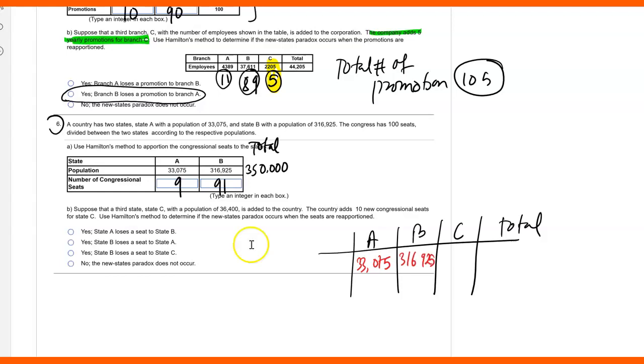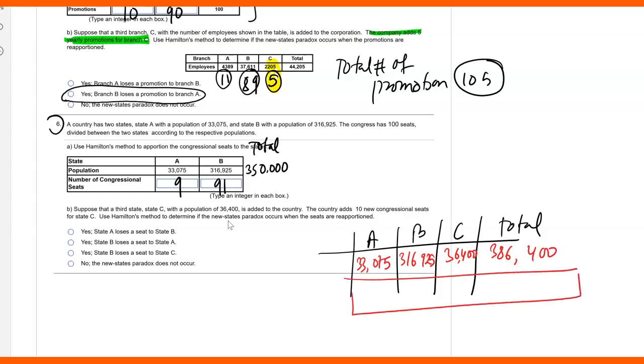C, we have here 36,400. And if you add this up, the total is going to be 386,400.